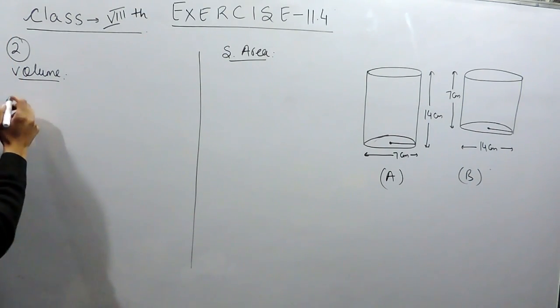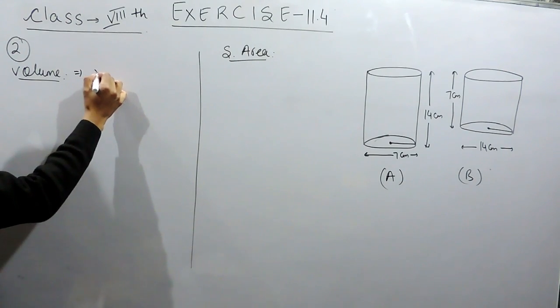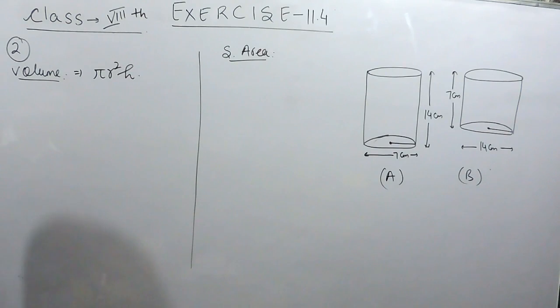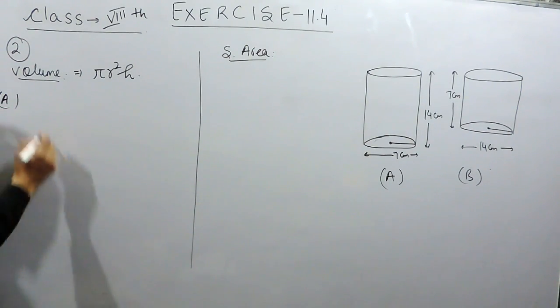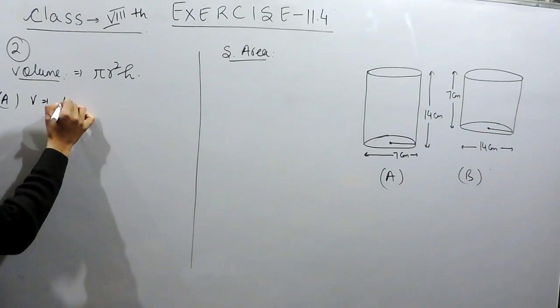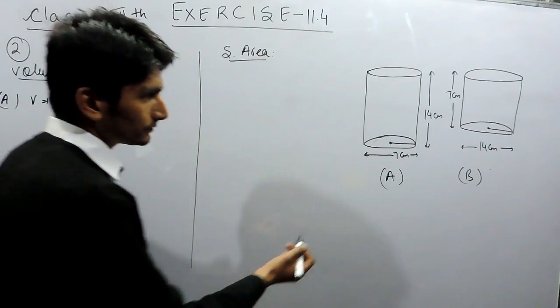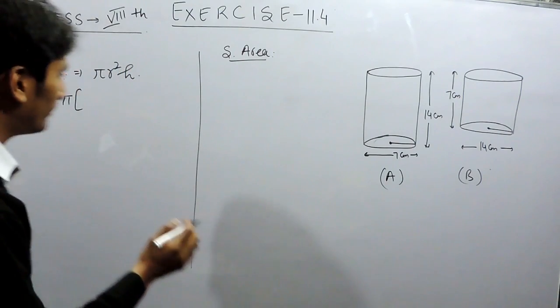So the volume of a cylinder is given as pi r square h. This is the formula for volume. So if I have to calculate for cylinder A, the volume will be equals to pi into r. Here diameter is 7, so clearly the r will be 7 by 2.